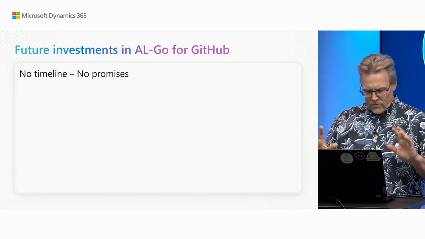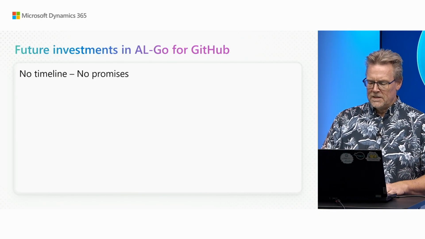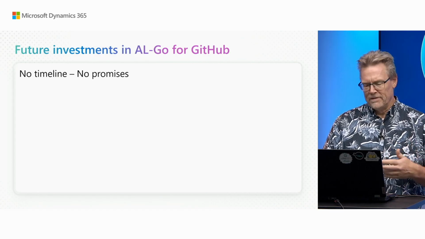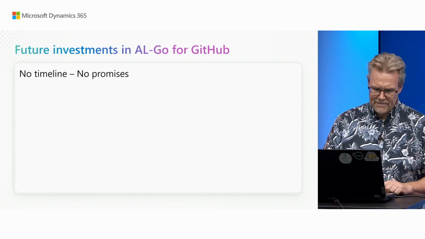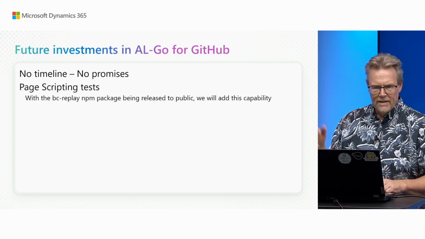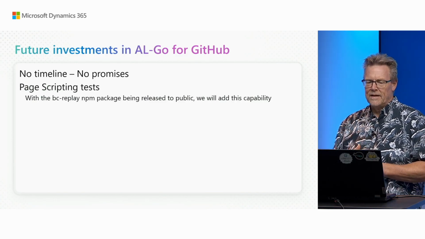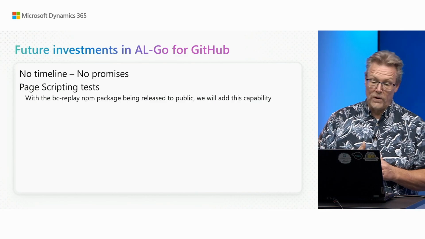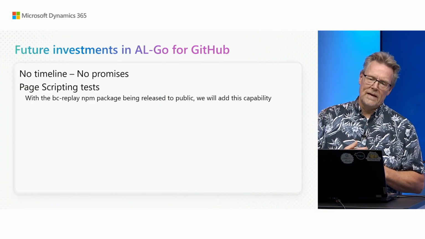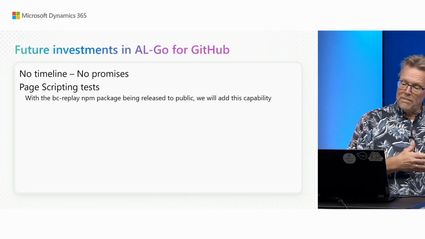So, future investments. What I say now, there's no timeline, there's no promises. Some of them, I'm pretty sure they'll be there, but no timeline. But let's see. The Playwright scripting tests: a week ago, the BC Replay NPM package was actually released to the public.